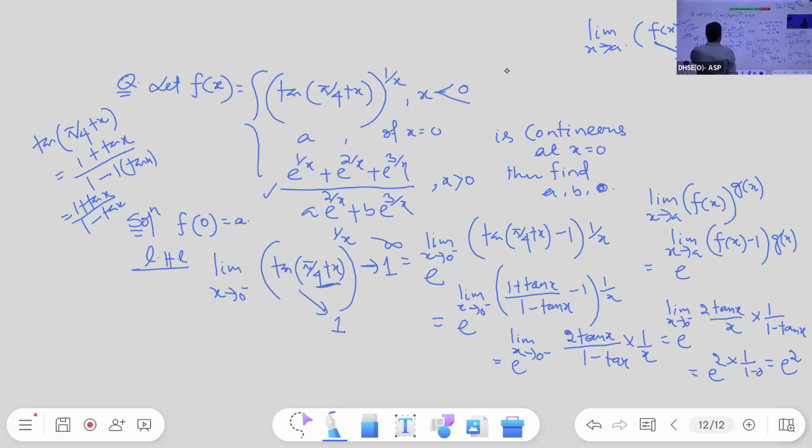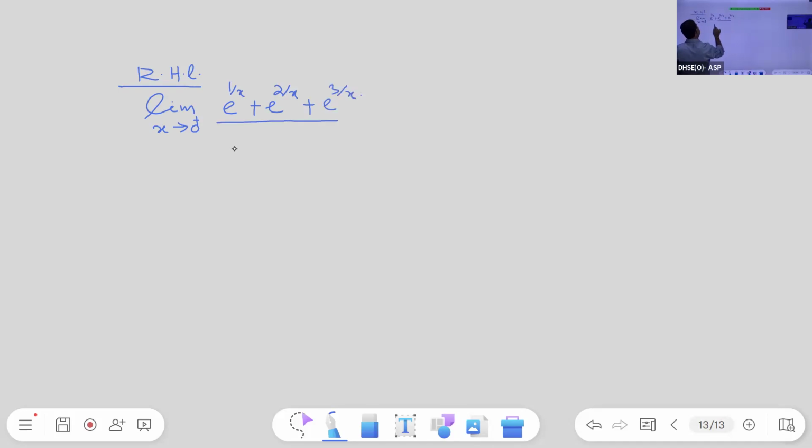So RHL is the limit as x tends to 0 plus of e raised to the power 1 by x plus e raised to the power 2 by x plus e raised to the power 3 by x, upon a e raised to the power 2 by x plus b e raised to the power 3 by x.